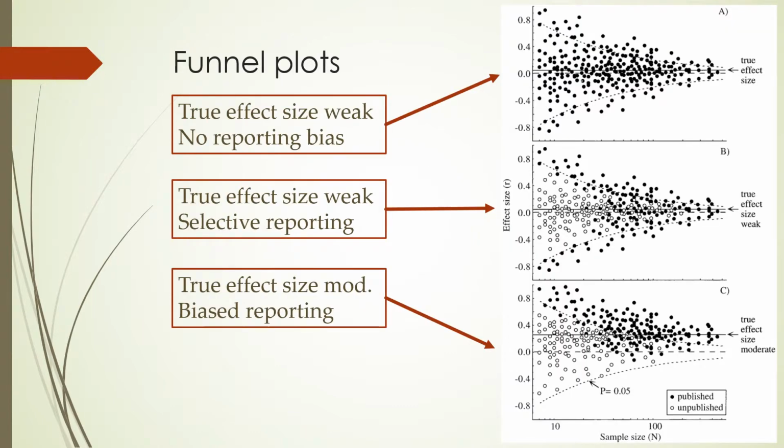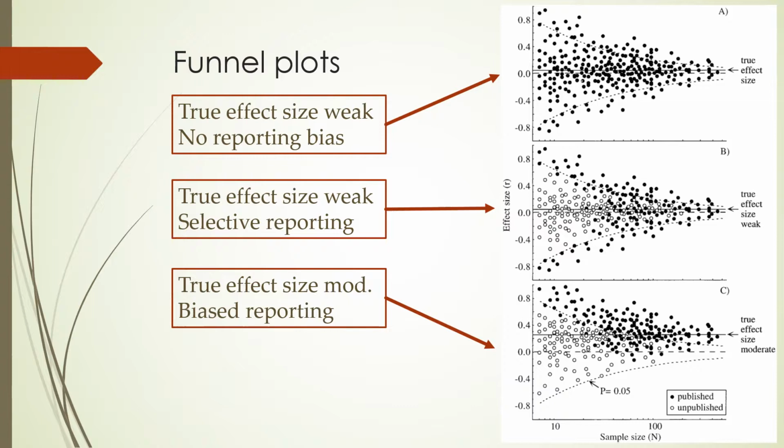In a funnel plot, you plot the effect size on the y-axis and the sample size used in the study on the x-axis. And what you expect when you plot these two variables against one another is you're going to get a funnel-shaped distribution of the points.